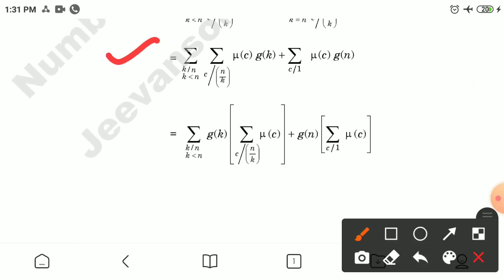Now this becomes the summation over k dividing n, k less than n, of the summation over c dividing n/k of μ(c) g(k), plus the summation over c dividing 1 of μ(c) g(n). And now this becomes equal to the summation over k dividing n, k less than n, of g(k) times the summation of μ(c), c divides n/k, plus g(n) times the summation of μ(c) when c divides 1.